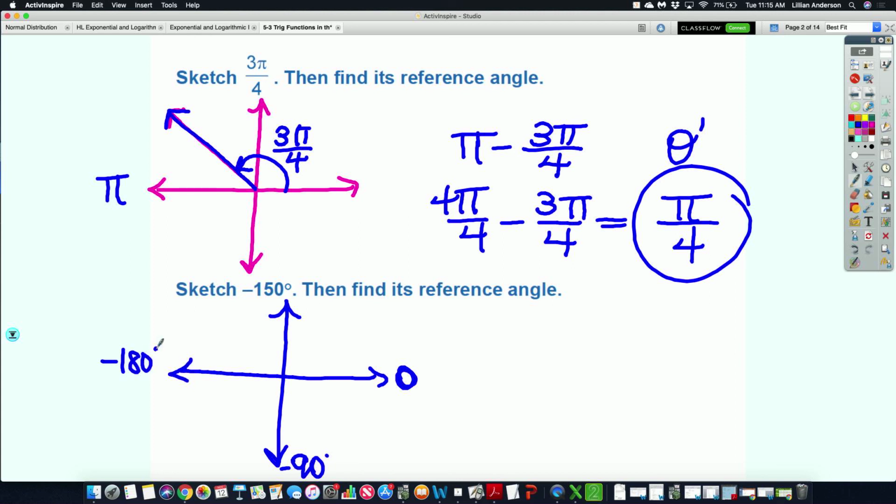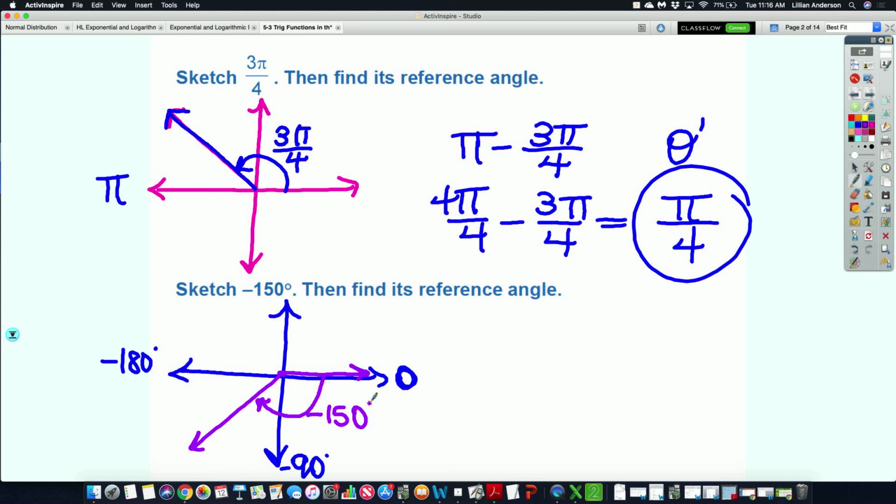So negative 150 would be in which quadrant? The third quadrant. Now remember, when it comes to sketching, I'm not looking to see that it's exactly at negative 150. I'm looking to see that it's in the third quadrant. And then, of course, you put in the curve marking in the correct direction to indicate that this is a negative 150 degree angle. Okay? So there's the sketch.